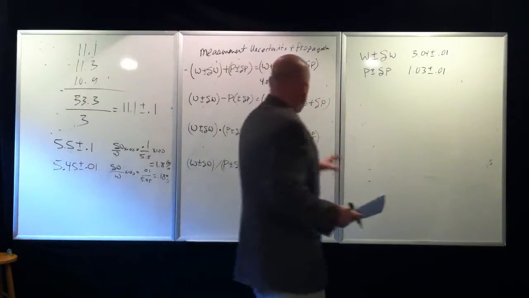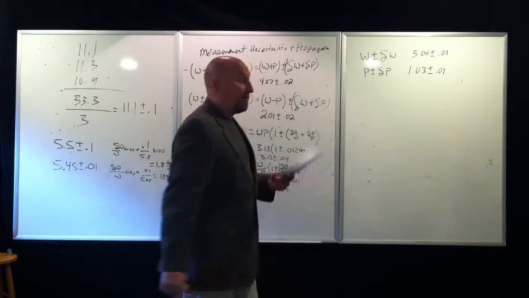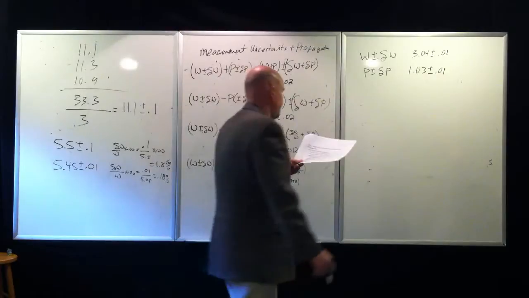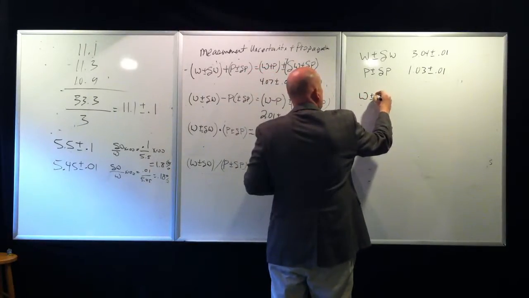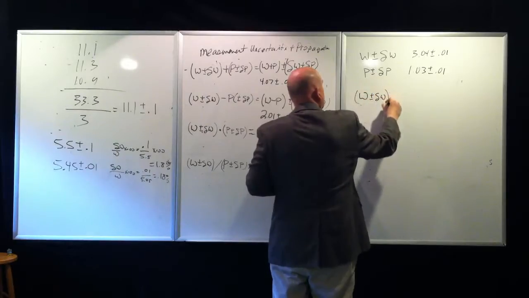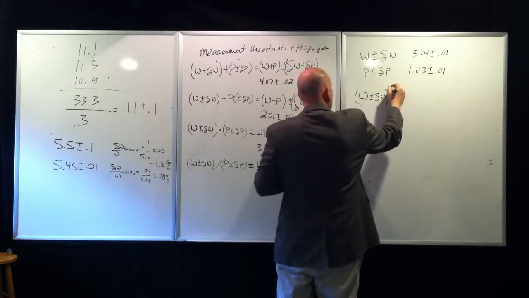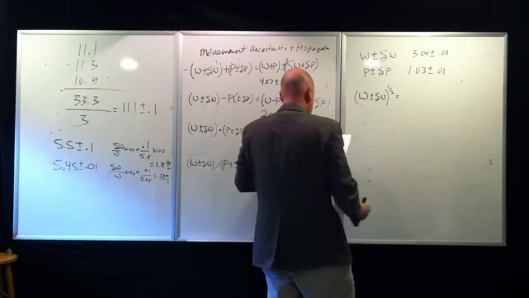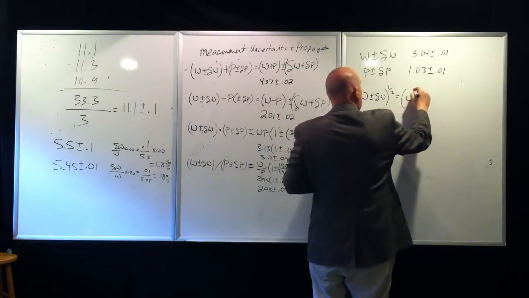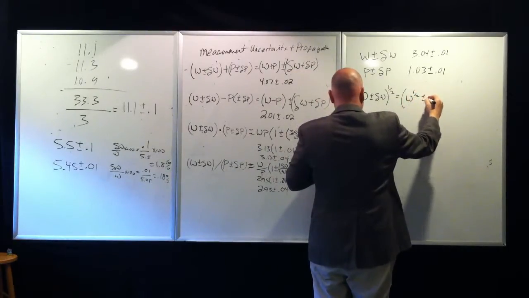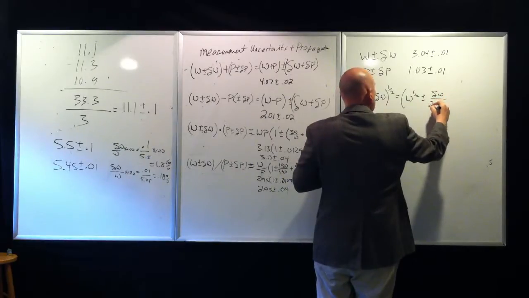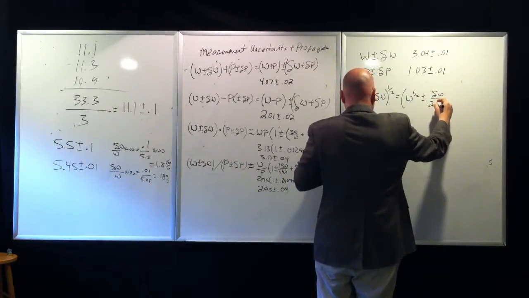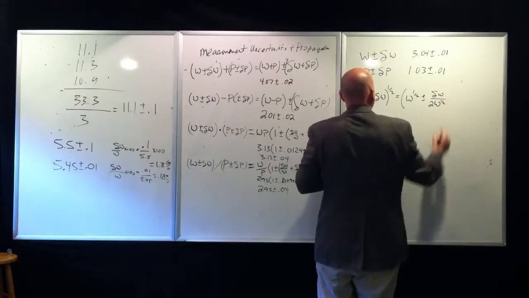Some other operations we can have: let's take a square root of a measurement. If you have W plus or minus delta W, we want to raise this to the 1/2. This results in W to the 1/2 plus or minus delta W over 2 W to the 1/2.